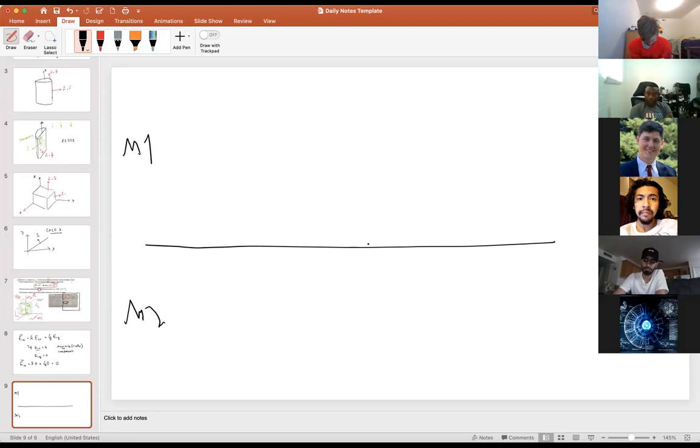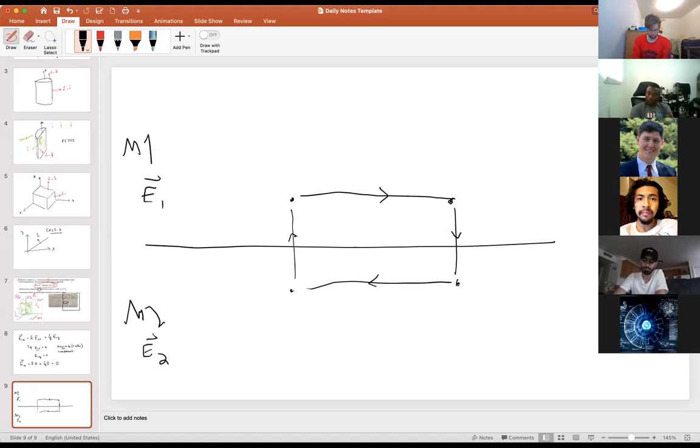In medium 1 you have E field 1, and in medium 2 you have E field 2. Now let's just take a path around this.